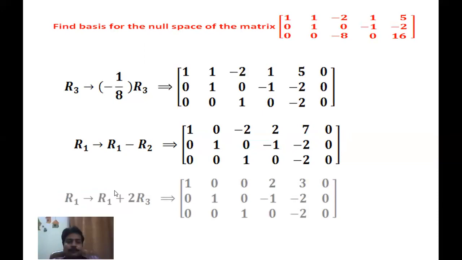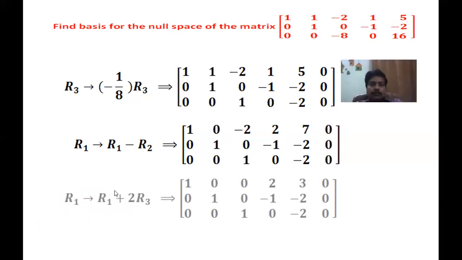And now R1 goes to R1 plus 2R3, so that it will become 0.